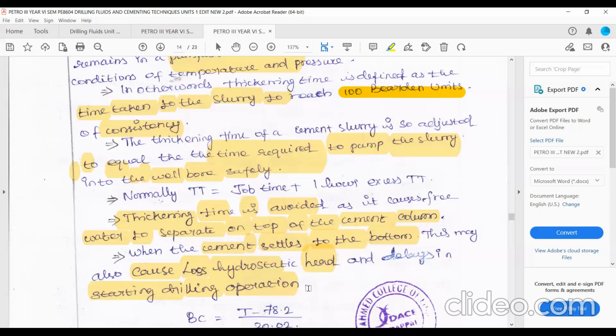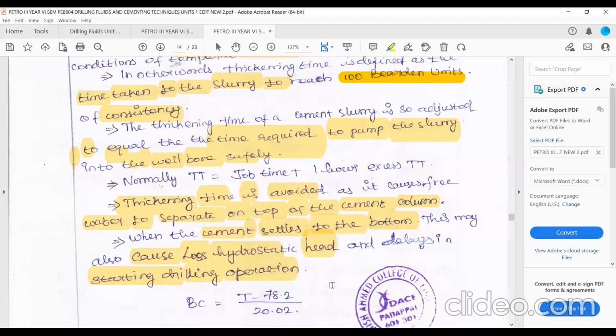If it separates out as water and cement powder settling at the bottom, it's going to create an eddy. Because what we want is a slurry, not separate compositions playing their own mechanisms in the wellbore. So we don't want the cement to settle at the bottom. That's the next point, which can create loss in the hydrostatic head, and it can delay the drilling operations.